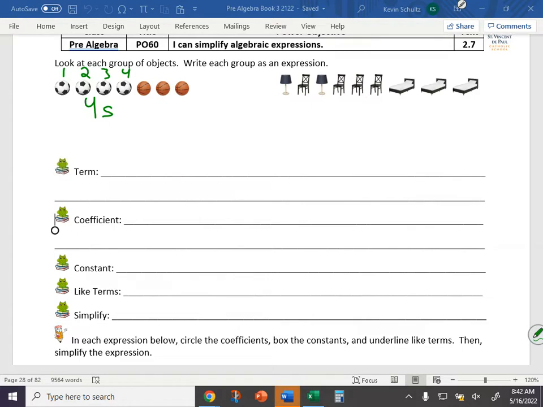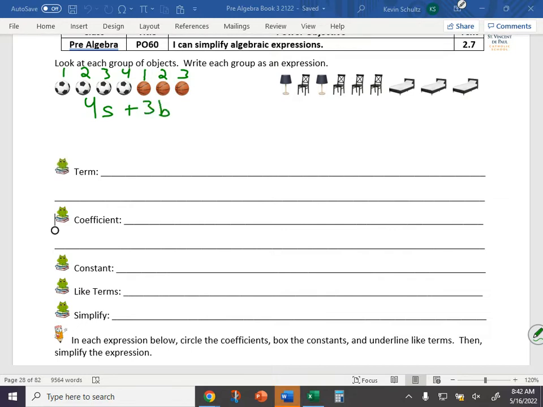We've talked before about how a coefficient tells us how many of the variable we have, and we have 4 of them. I can't say I've got 7 soccer balls, though, because I don't. I've got a different type here, okay? 3 basketballs. And we could represent that as 3b.